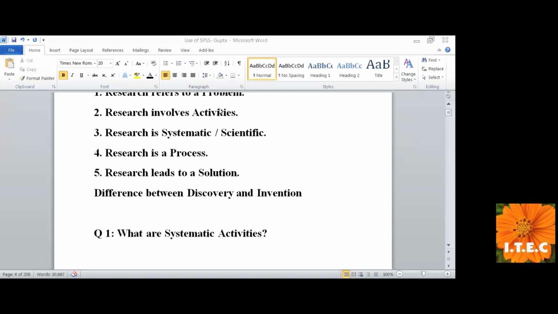What is the other difference? Most of you are writing that invention is to find something new. Discovery, whatever exists. What can be the other difference? Other difference between discovery and invention?